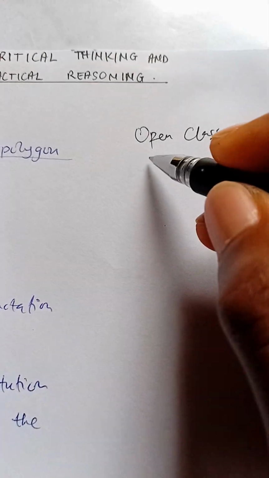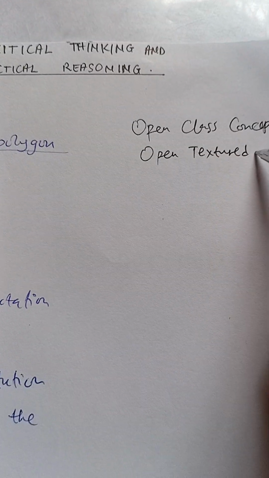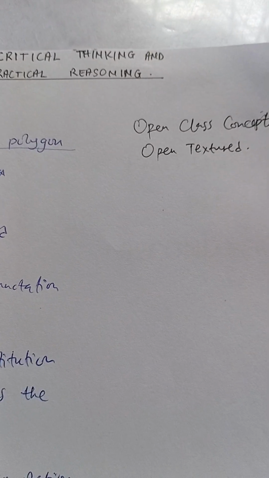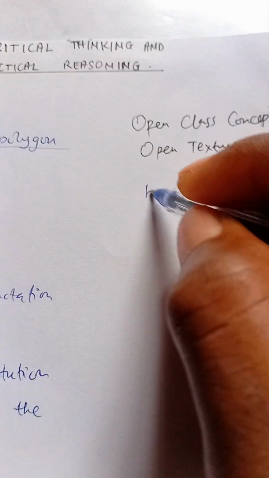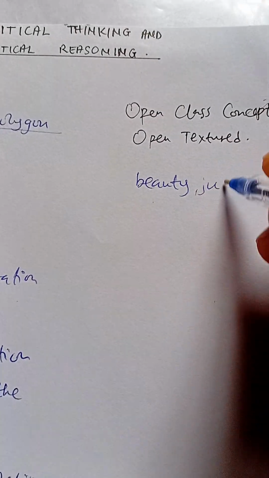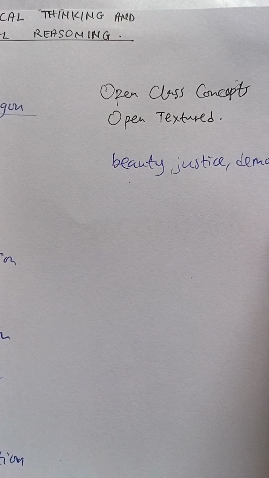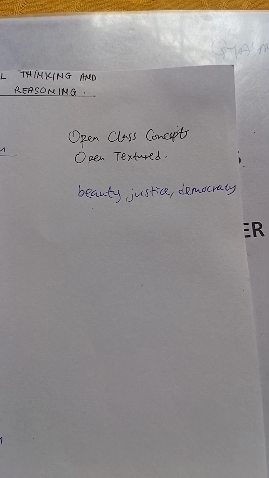Or you can say open textured concepts. So something like beauty, justice, democracy. These words we can debate on them. So their definitions are very, very contestable.